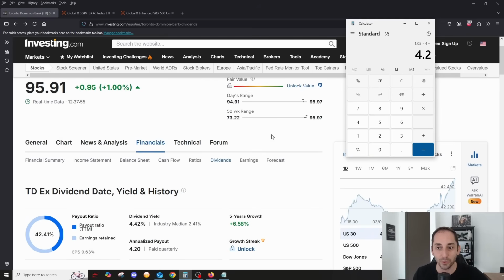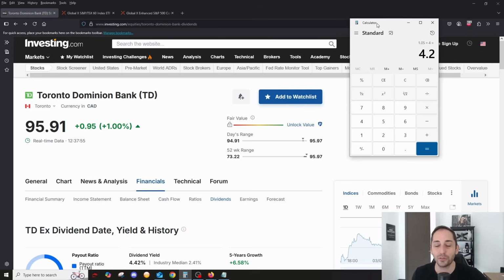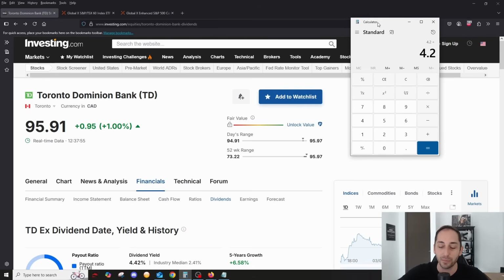So all you have to do to find out the current dividend yield based on the current stock price, which means the annual yield you'll get right now if you buy TD stock right now, is do 4.02 divided by the stock price, 95.91, and then times 100.